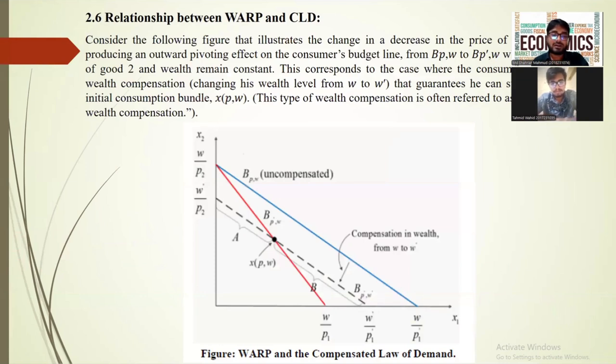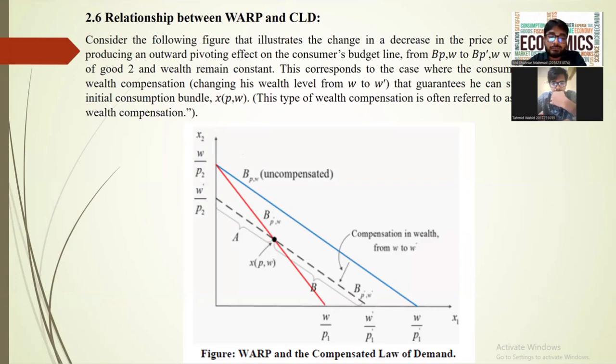First of all, here we can see a problem set. We'll try to discuss this problem line by line, so that it will be easier for you to understand. First of all, we need to know what is WARP and CLD. In this slide, we'll introduce two fundamental concepts in consumer theory, WARP and CLD.